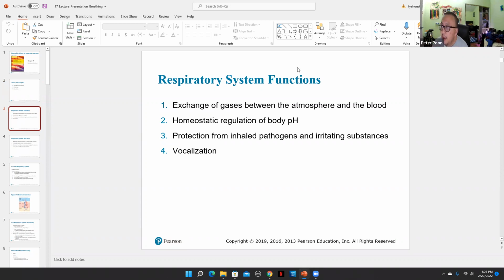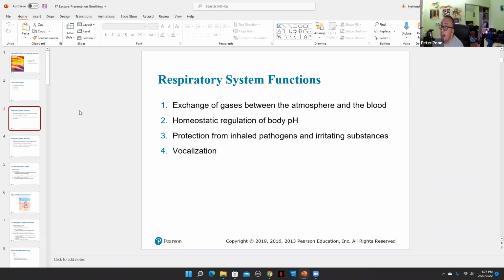Okay. The respiratory system function: an exchange of gases between the atmosphere and the blood. The respiratory system is also responsible for homeostatic regulation of body pH, and that's the faster way your body regulates body pH.